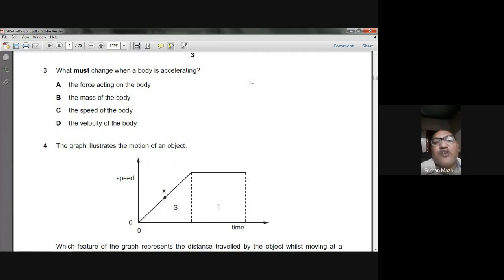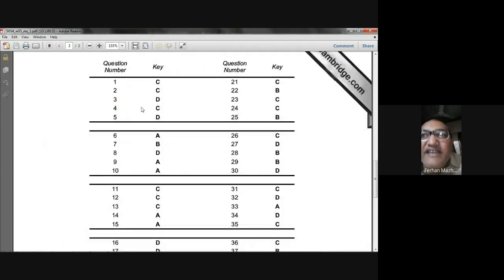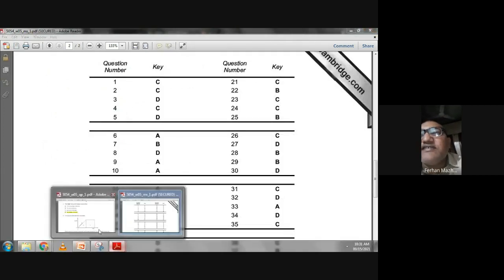The most appropriate word for acceleration is that the velocity must be changing. So I think D will be the answer. Let's check the marking scheme. Question number 3, D is the choice. So our answer is right.